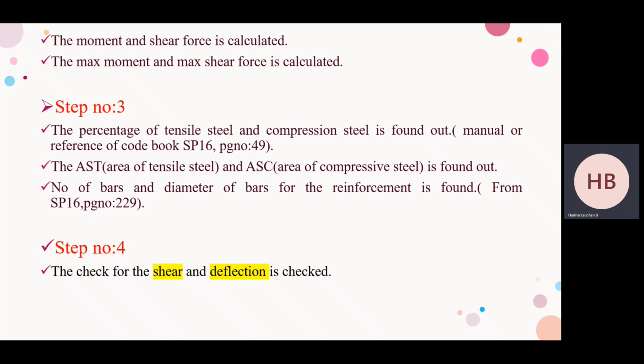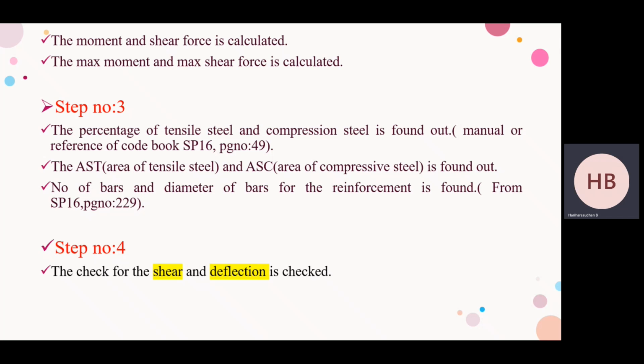In step number 3, the Ast and Asc of steel of the beam are to be found out, which will be useful for the reinforcement of the beam. The percentage of tensile steel and compression steel is found out by using a manual method or by referring to the code book SP 16, page number 49.